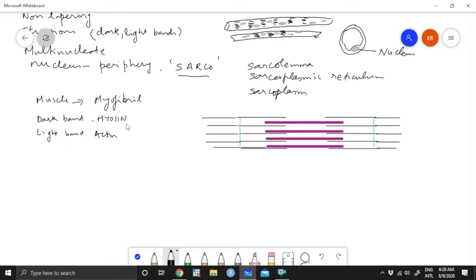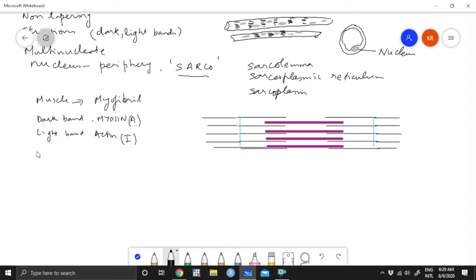So this dark band is dark because light doesn't pass through it easily. It gets refracted. So this is called anisotropic. Whereas the light band, the actin, is such that the light passes through it easily. So it is called I for isotropic. So I for isotropic and A for anisotropic, because light passes here, light doesn't pass over it. So these are also called I band and A band.